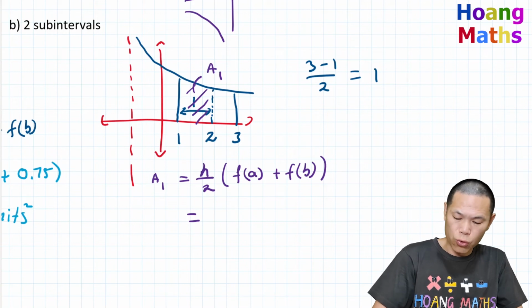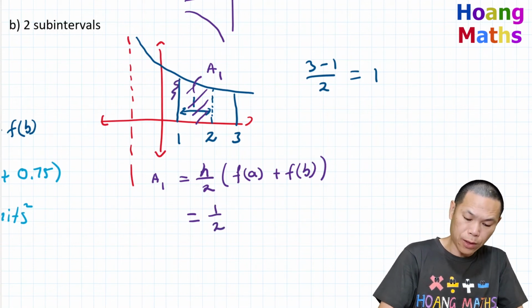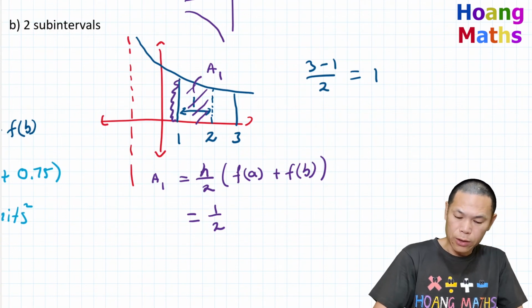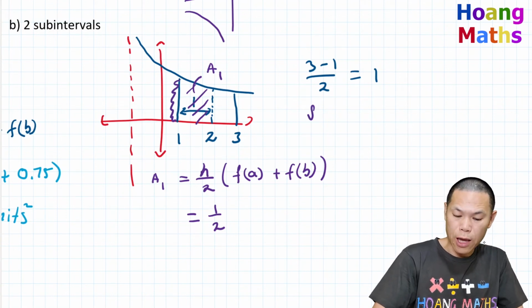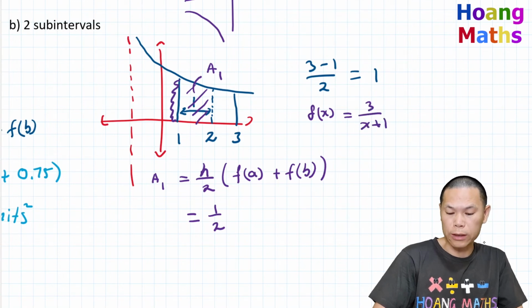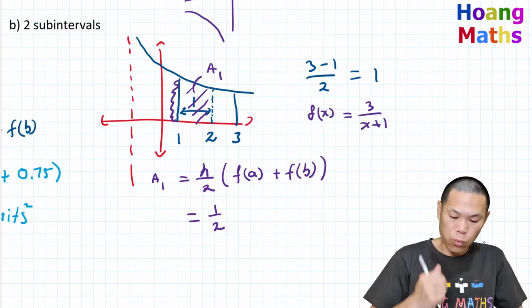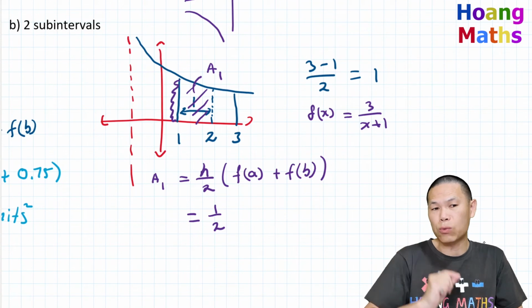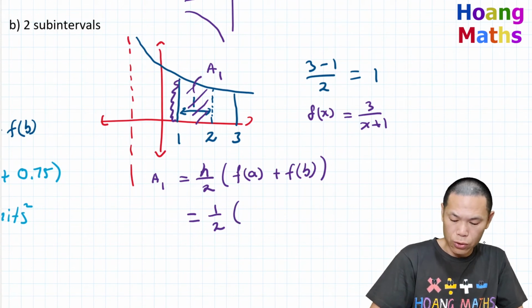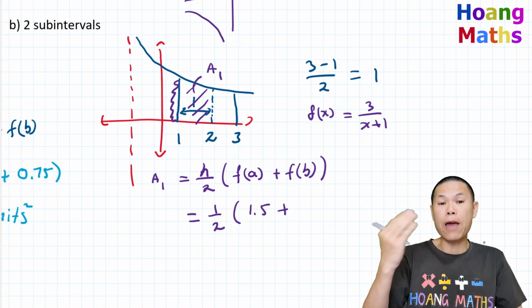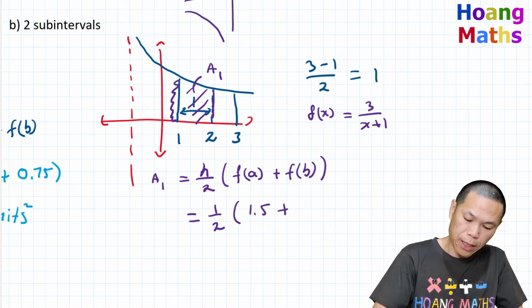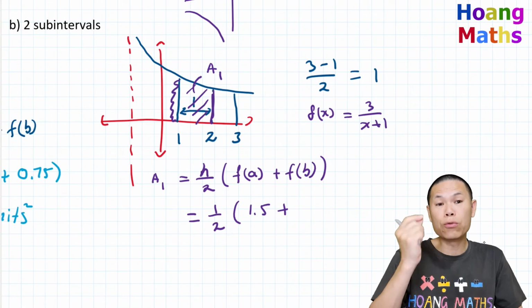So the width of the strip is 1, so 1 over 2, and then f of a, because f of a is 1. So we know that the function f of x is equal to 3 over x plus 1. Don't forget. So a is 1. So f of 1. So 1 plus 1 is 2. So that is 3 over 2. 3 over 2 is 1.5. We add f of b. In this case, b here is 2. So 2 plus 1 is 3.